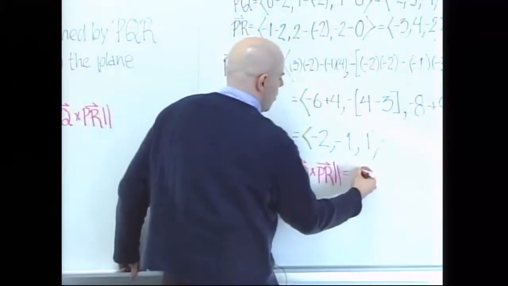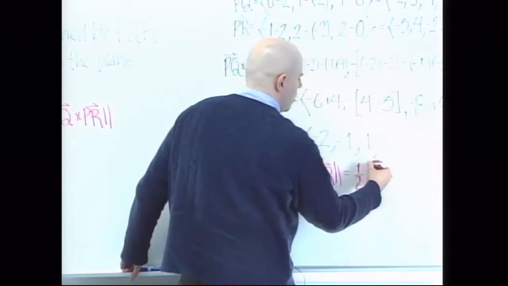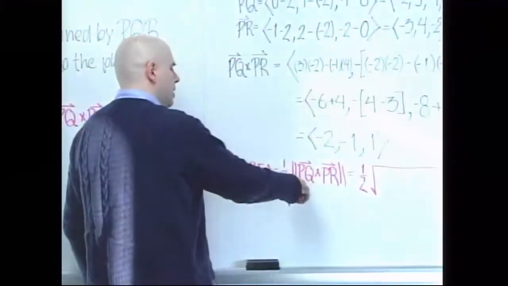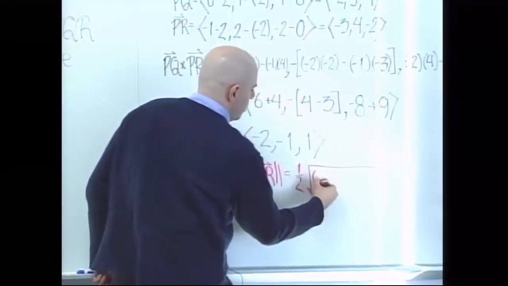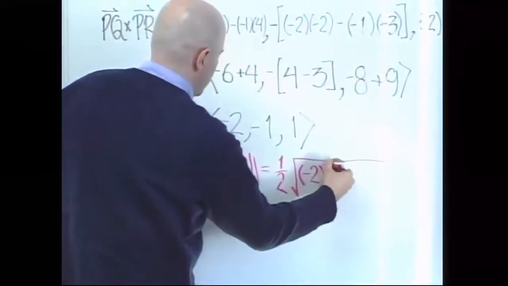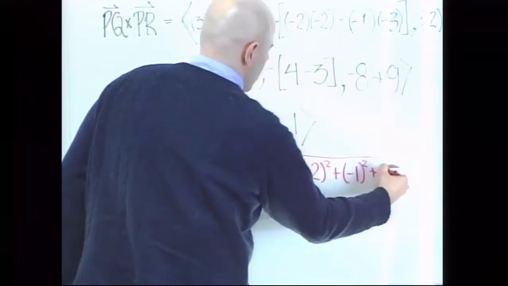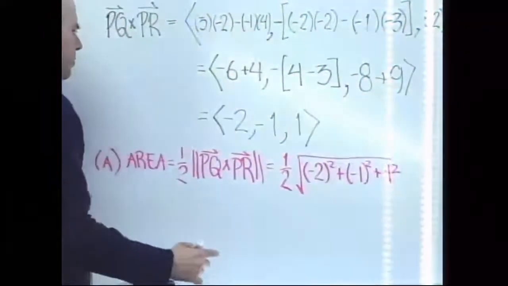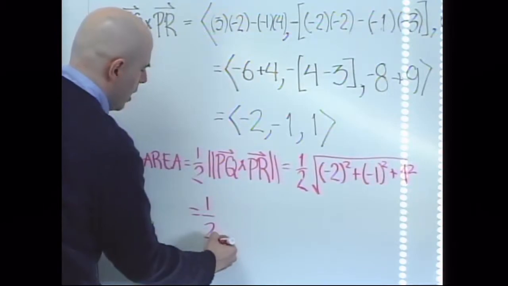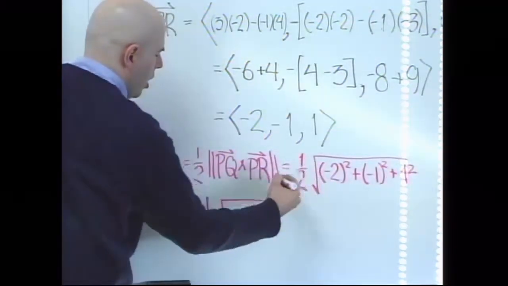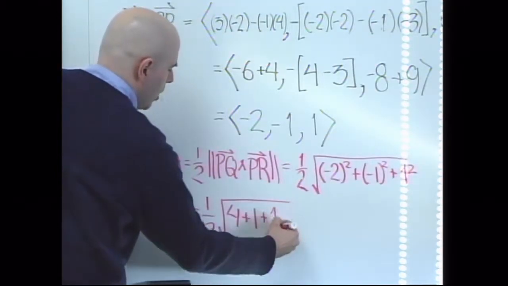So you have 1/2 times the square root of, and remember that taking the magnitude of a vector is just squaring each one of the components. So you have negative 2 squared plus negative 1 squared plus 1 squared. So what we end up with is 1/2 times the square root of 4 plus 1 plus 1.